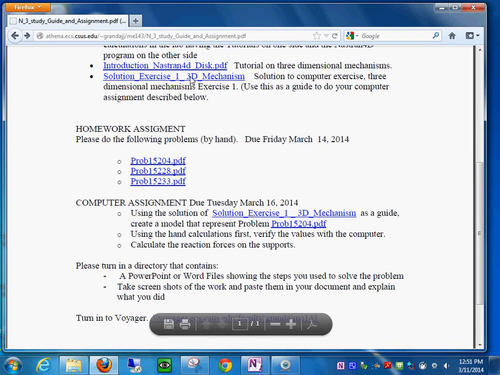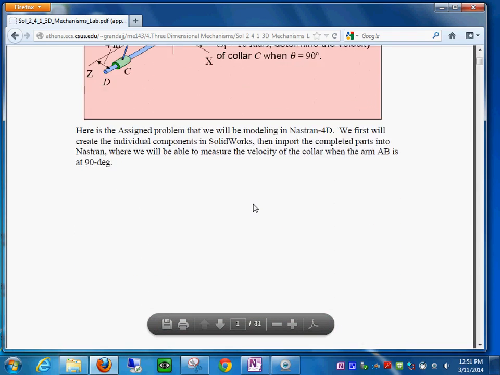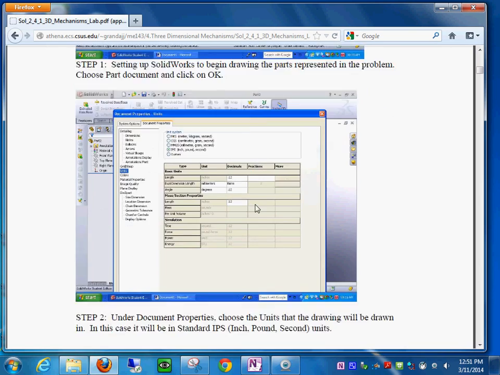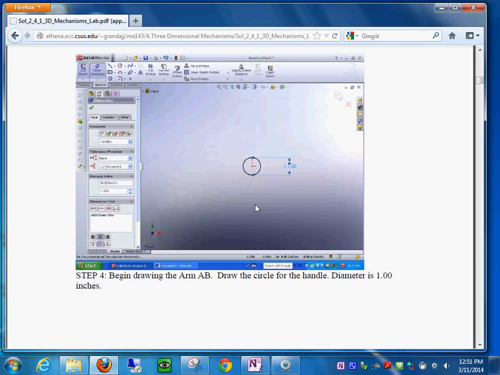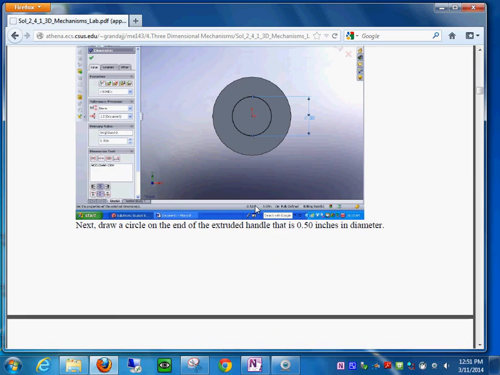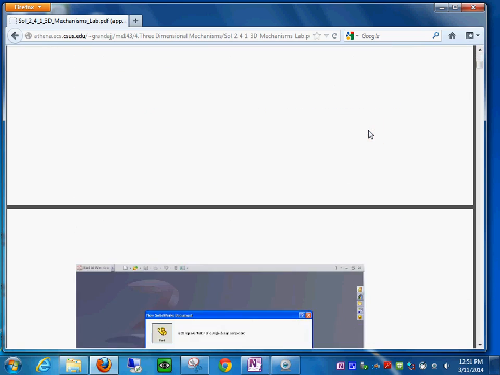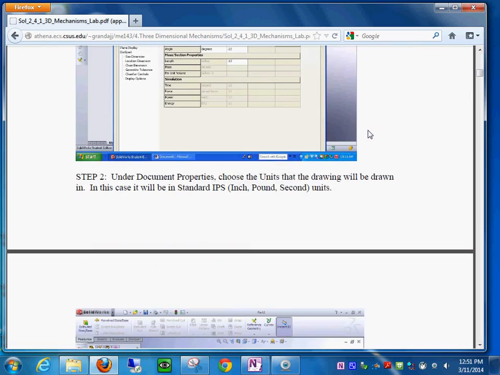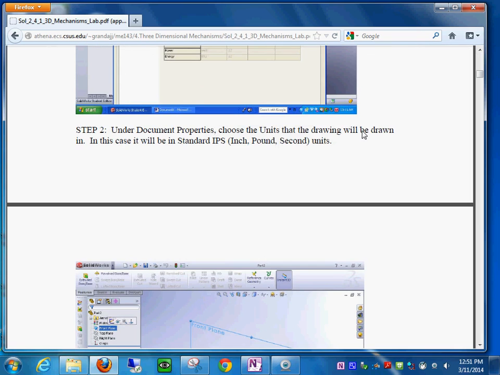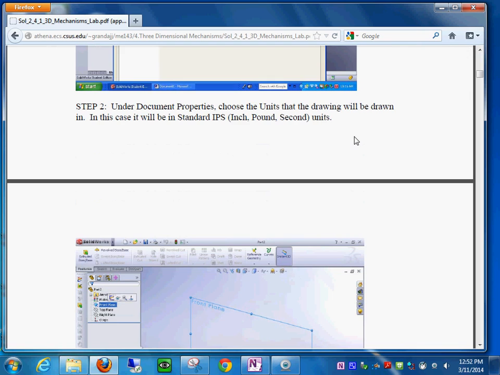But this one is much more difficult. And then you have to do this. See, every part was designed separately until we put it together. Okay, any questions about this?